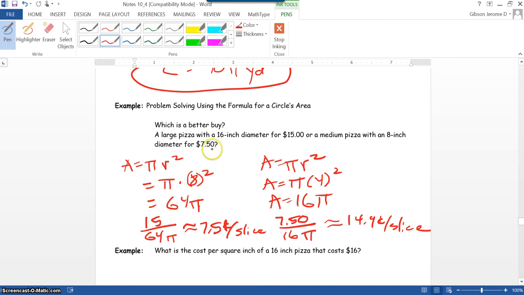So the better buy would be the $15 one, the 16-inch pizza. So you can write that in here somewhere. I didn't leave myself enough space, but you could say the 16-inch pizza is the better buy. And that will be your answer here.